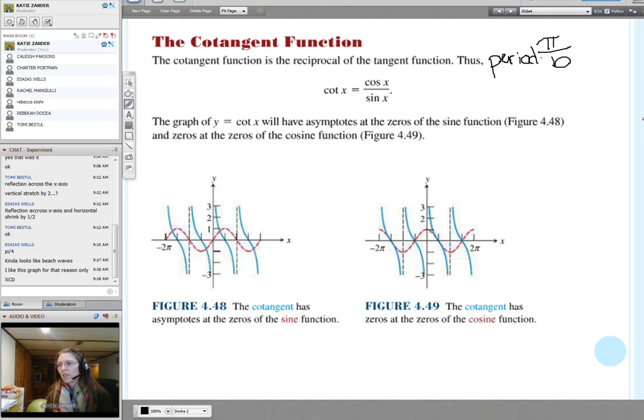I forgot to mention that on the previous slide, but that's what we would use with tangent. That's different from sine, cosine, cosecant, and secant, because in the other four, it's 2 pi for your period. But in tangent and cotangent, it's only pi, or technically pi over b, whatever b may be.